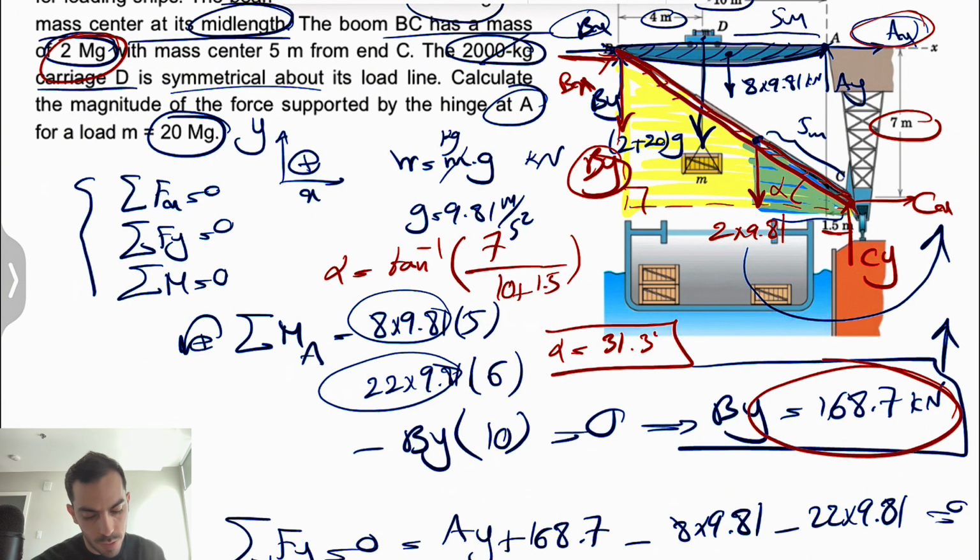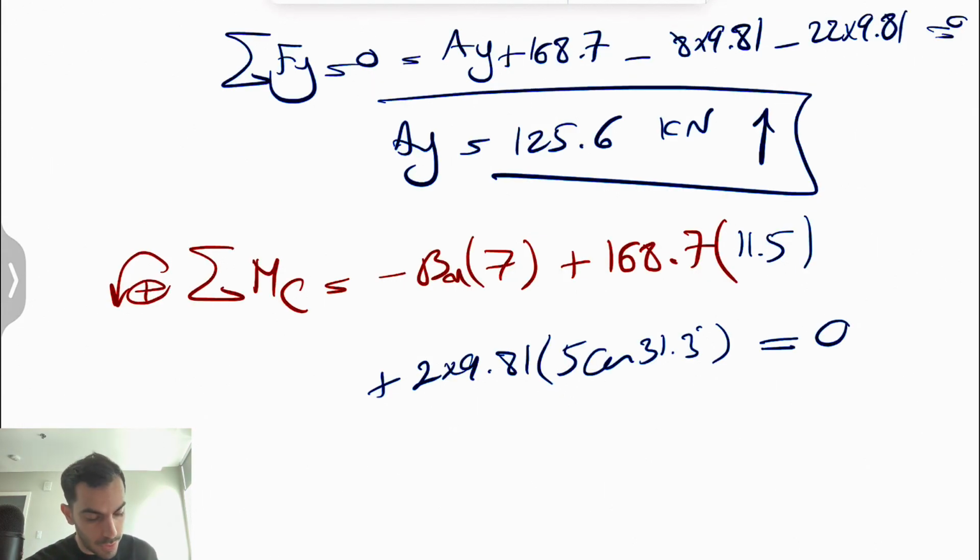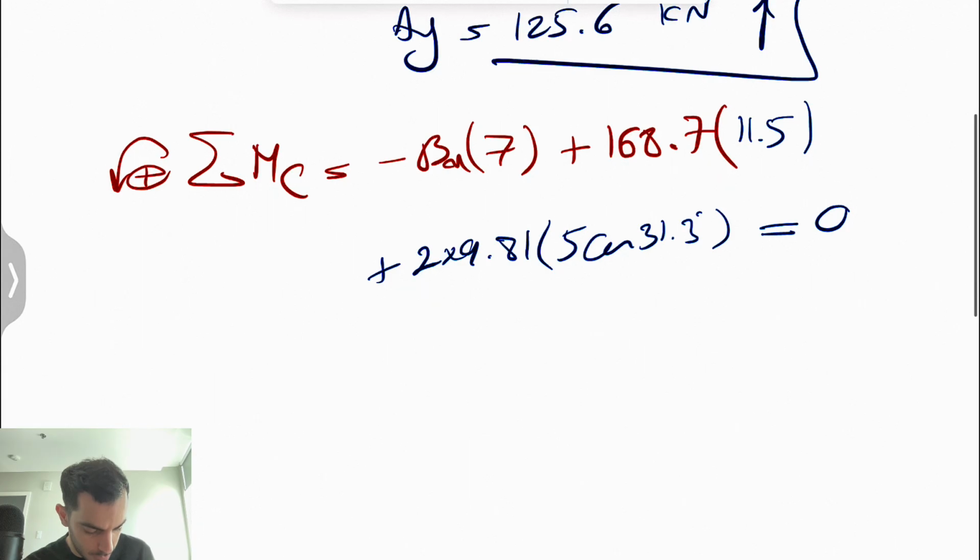We know the hypotenuse is 5, so we are interested in the adjacent, so it's going to be 5 cosine of alpha, or 5 cosine of 31.3. All right, this should give us the Bx.